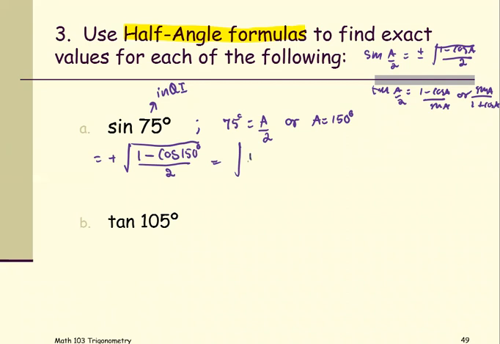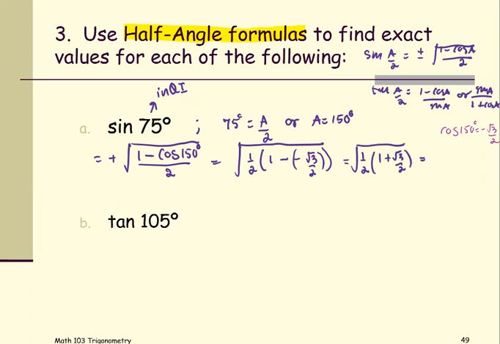I'm going to rewrite this as 1 half multiplied by 1 minus, and put the notes on the side here. Then I'm going to replace this with the negative square root 3 over 2 and simplify it to be the square root of 1 half times 1 plus square root 3 over 2.